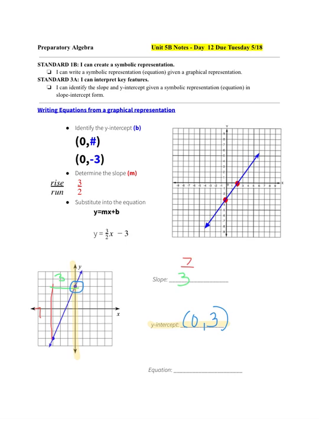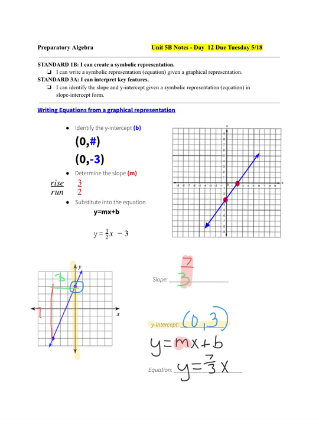Now last, I'm going to put this information into the equation. The equation we know is y equals mx plus b. Now I just need to substitute my slope in. So I have y is equal to 7/3 x.